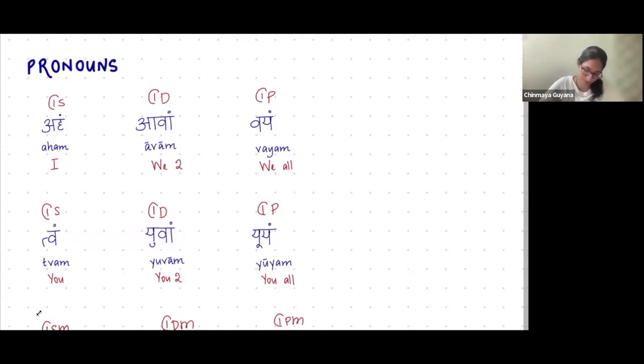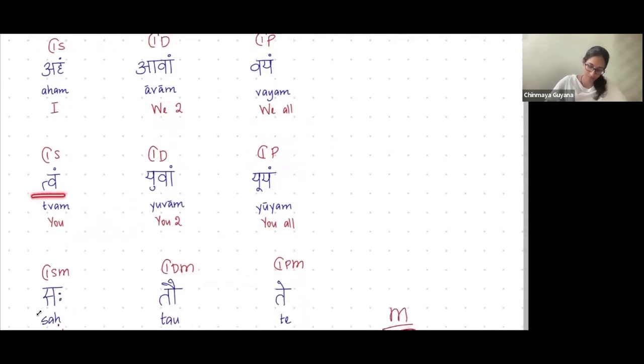Okay, now pronouns. Aham, avam, vayam. Again, aham, avam, vayam. Aham is I, avam is we two. Vayam is we all. Then tvam, yuvam, yuyam.